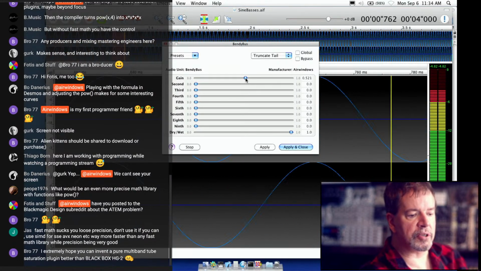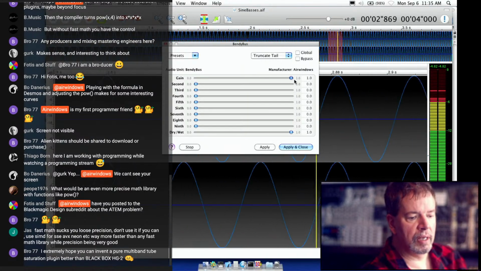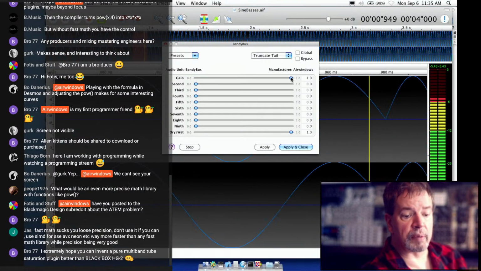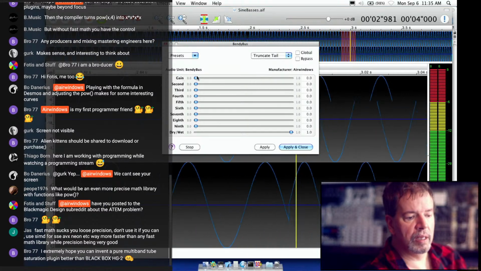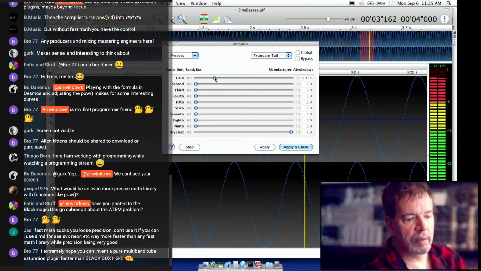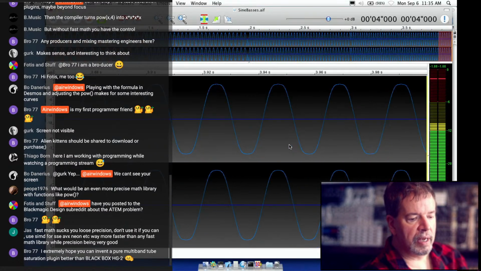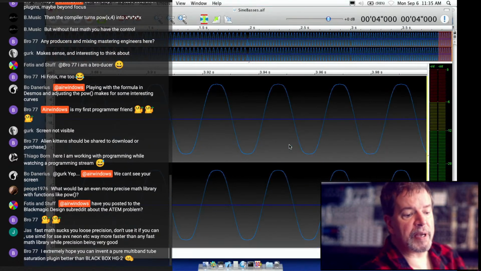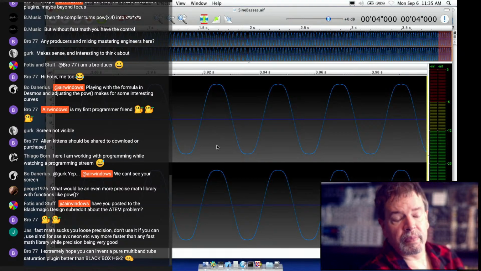And you can hear it's distorting a little bit now, and then it's clearly distorting more. And then if we apply that, that's basically what you'd get out of MACD.